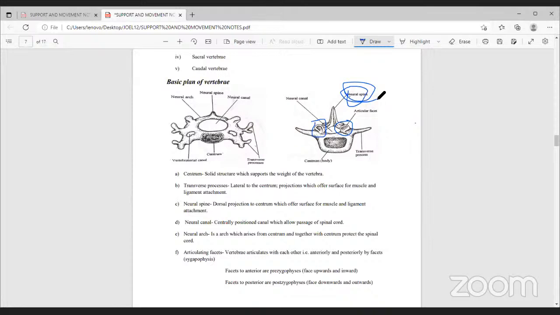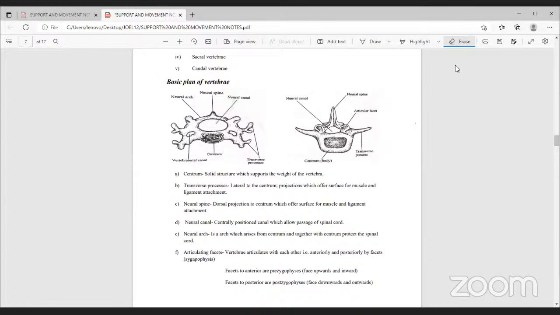Those were some of the questions that you had posted. So I was saying that you need to note, and note clearly, that any projection coming from the bone, or basically the vertebrae, they all provide a surface for muscle attachment.